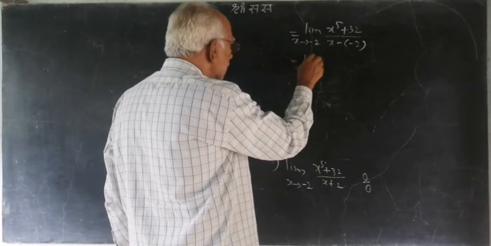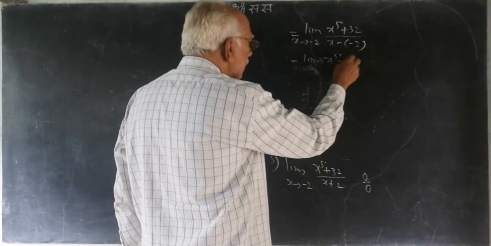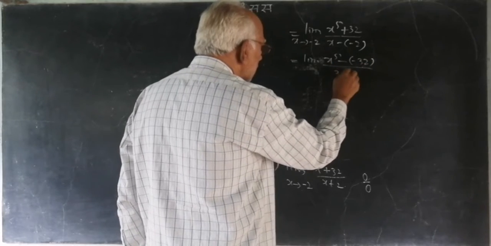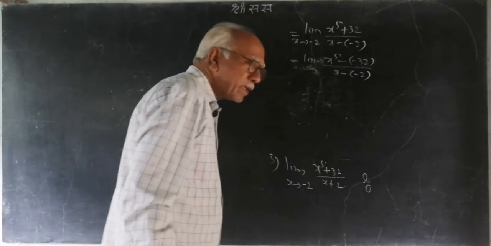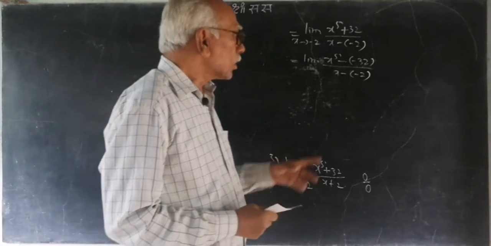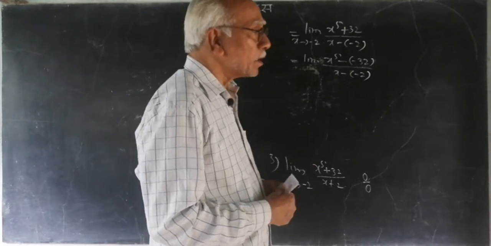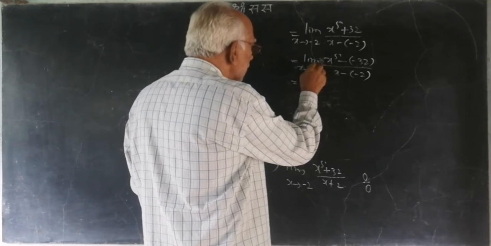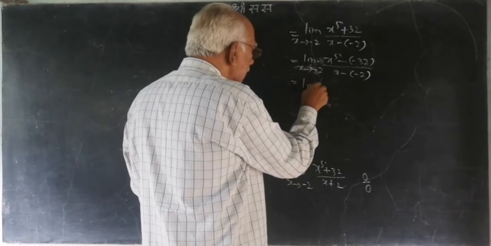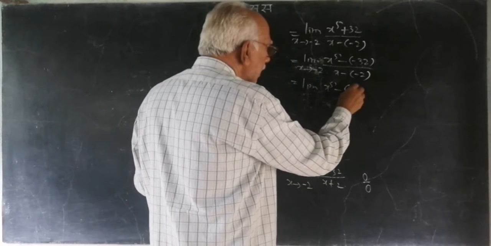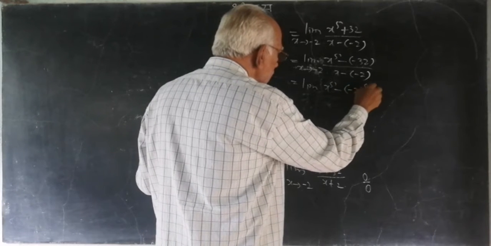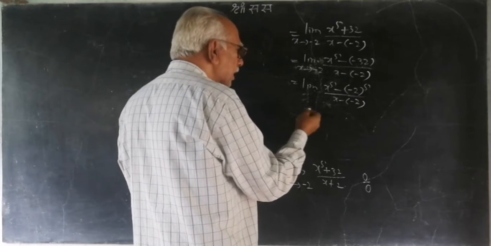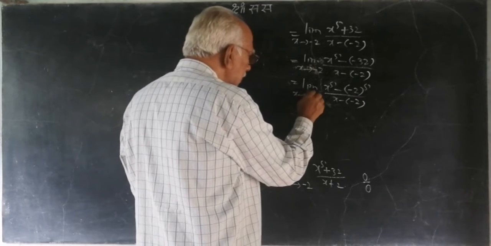So, x to the power 5 minus of minus 32 divided by x minus of minus 2. Now how can minus 32 be written? It can be written as minus 2 to the power 5. So, x to the power 5 minus of minus 2 to the power 5 divided by x minus of minus 2, as x tends to minus 2.